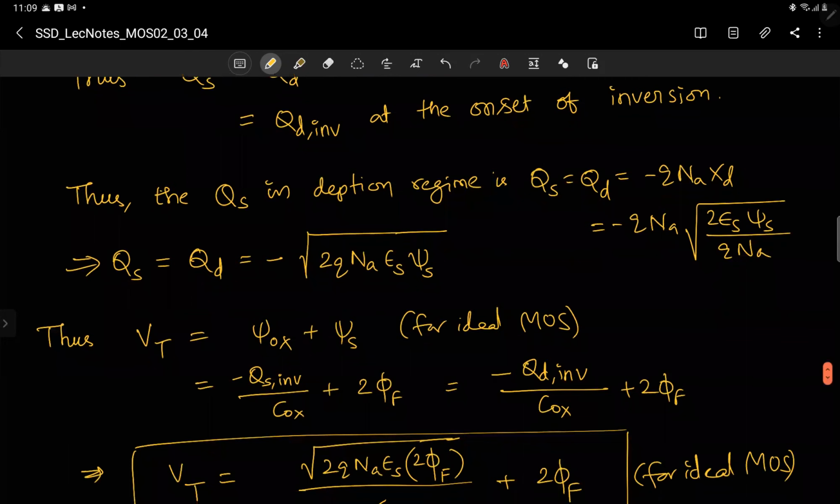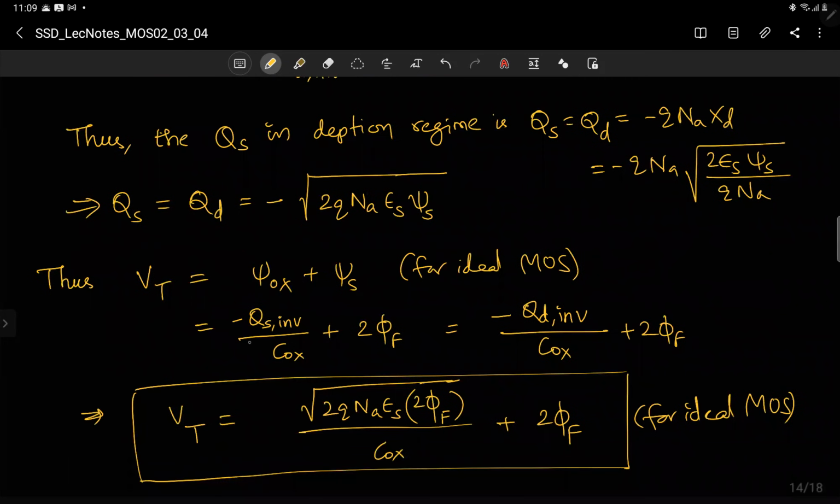Thus, VT equals psi ox plus psi s for ideal MOS, and psi ox is what? Minus the semiconductor charge at inversion by Cox, plus psi s at inversion, which is 2 phi f. And Qs inversion is nothing but QD inversion, because the entire Qs is coming from depletion charge, and the charge contribution from the electron concentration is negligible.